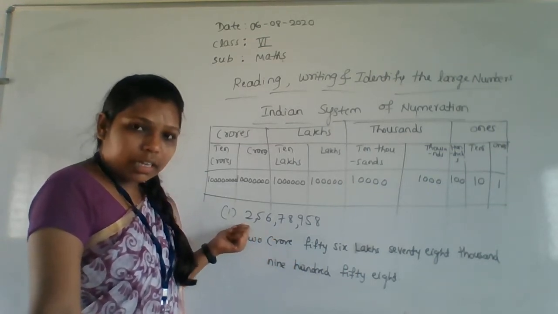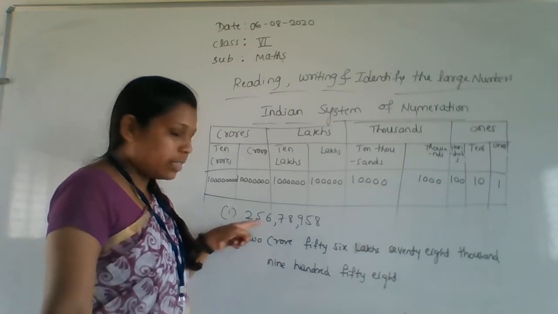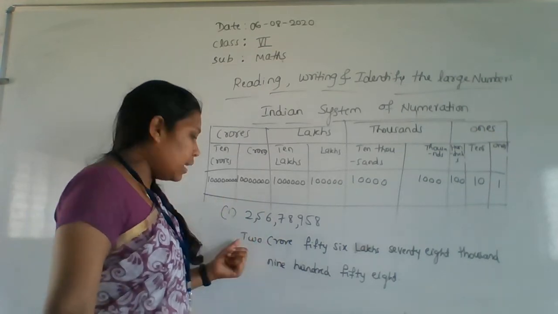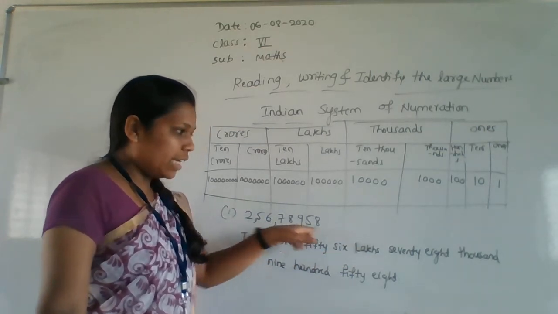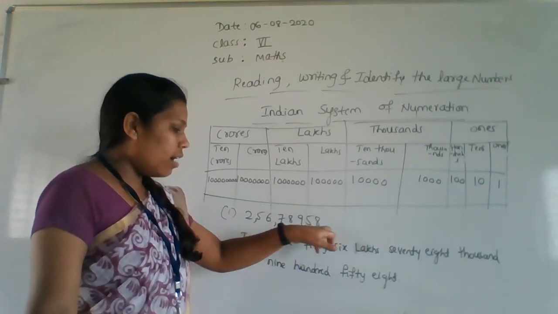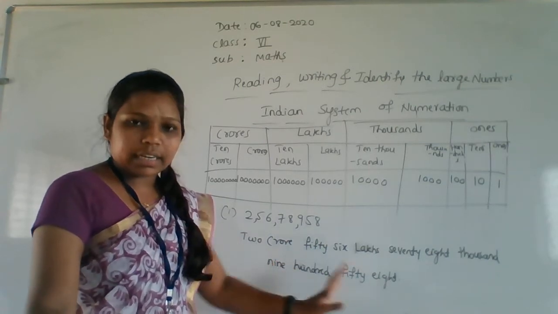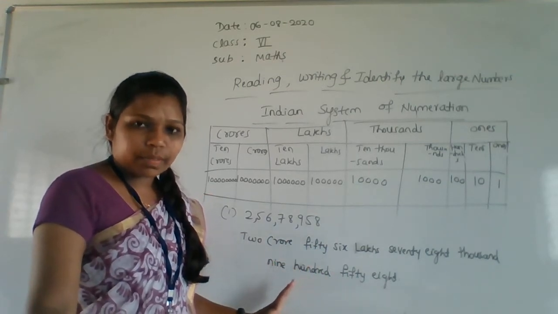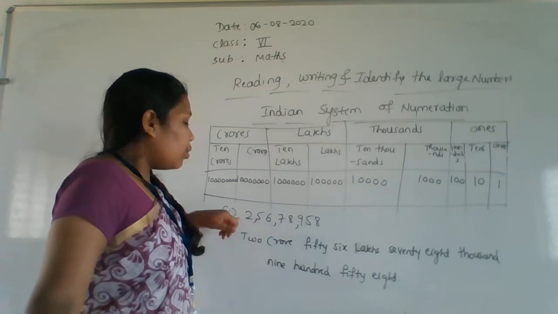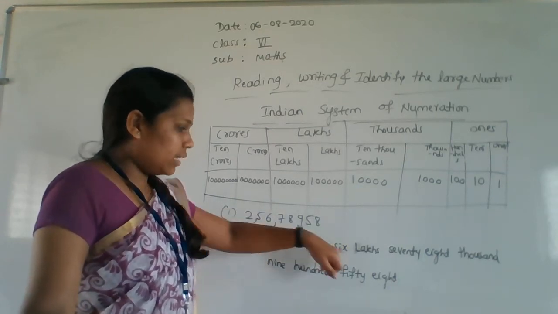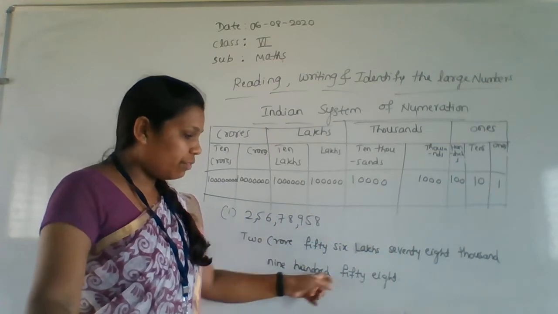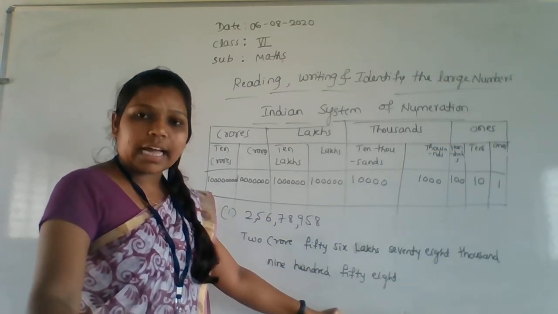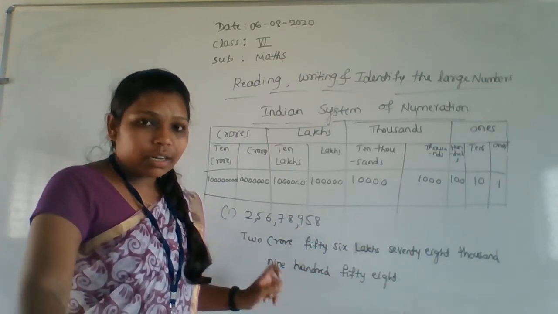Because in the crores place the number 2 is there, so it means 2 crore 56 lakhs 78,958, like that we have to do. Getting everyone? 2 crore 56 lakhs 78,958. Like that we have to read the larger numbers.